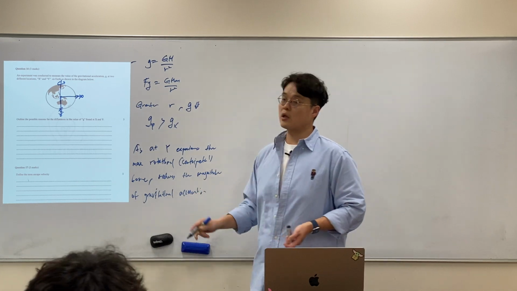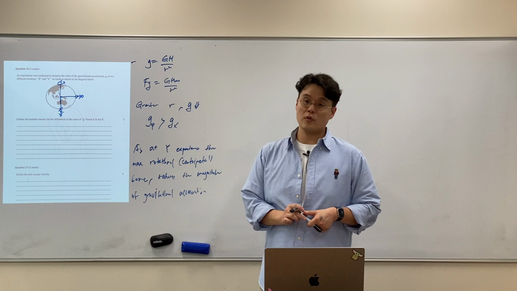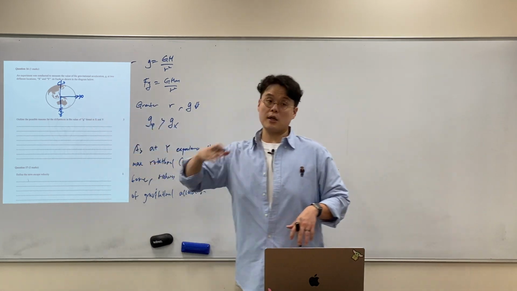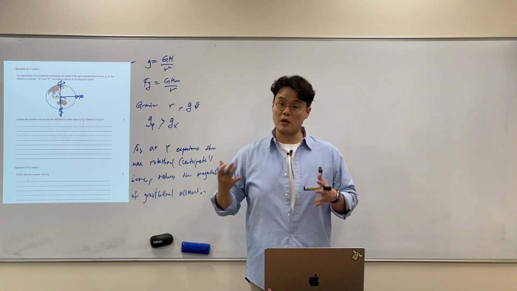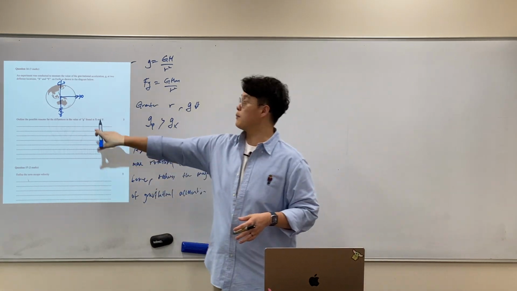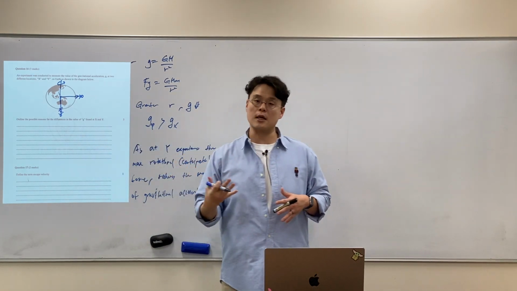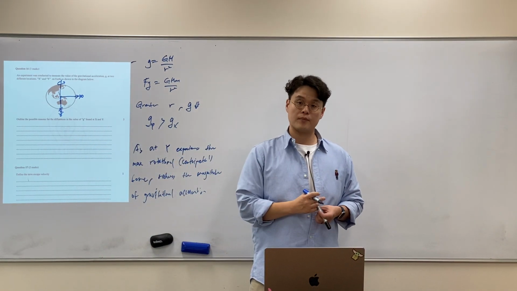That'll be the other reason too. So at point Y, they experience a centripetal force as well as gravitational force. It will reduce the magnitude compared to X, which means that the g value at X would be greater than the g value at the equator.